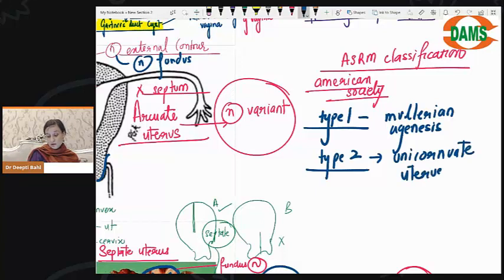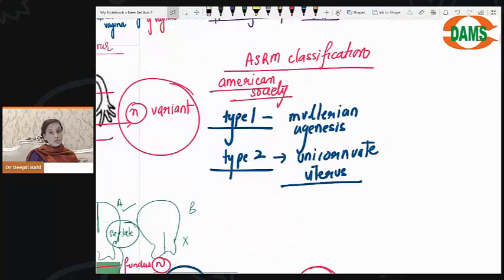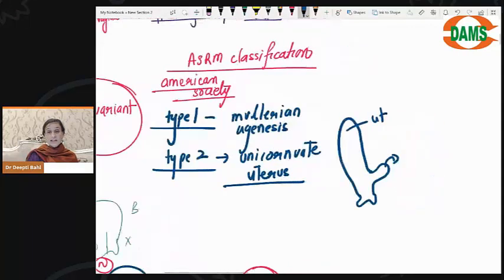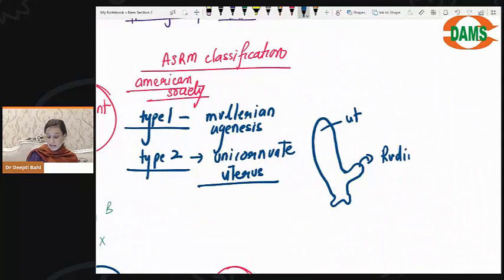A unicornuate uterus is when one Mullerian duct develops into the uterus, but the other one remains rudimentary. So one Mullerian duct has developed into a uterus, but the other one is rudimentary.